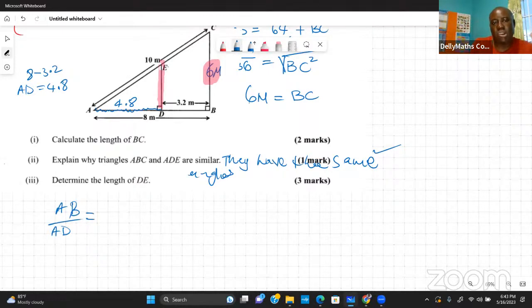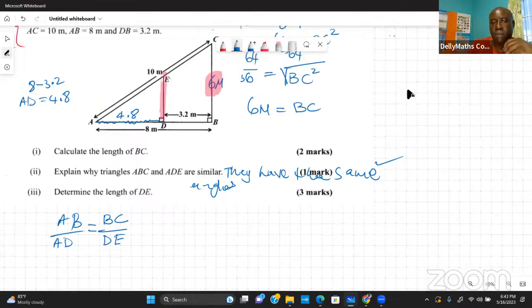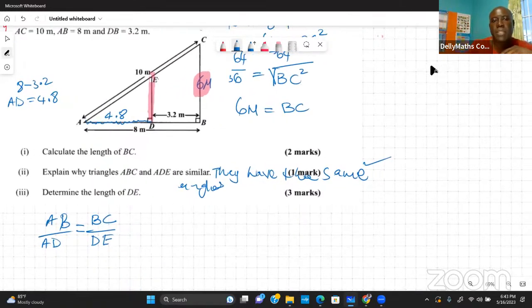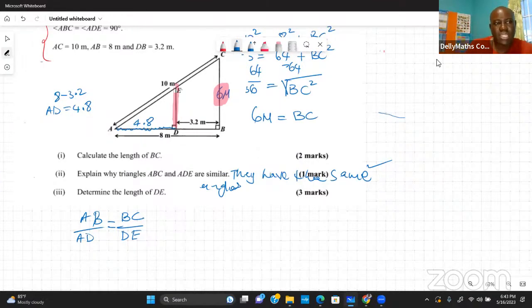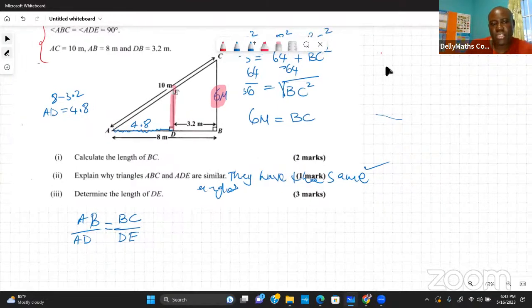It is also equal to BC, which is the bigger, over the corresponding. So if you put AB over AD, the same number is going to equal if you had put BC over DE, because you're putting the bigger over the smaller, but you're making sure that they correspond. So because of that, we can use that notion to solve a problem. Here is how we're going to solve the problem.